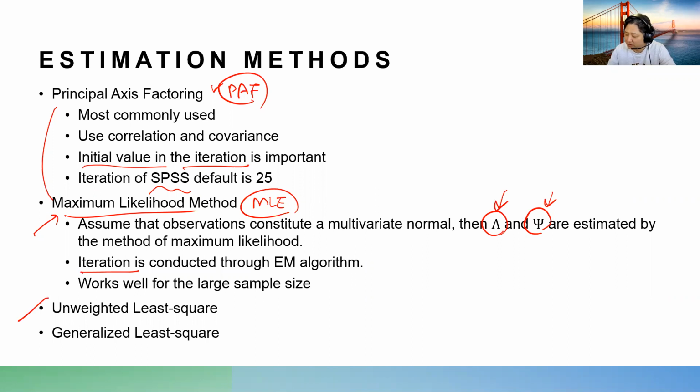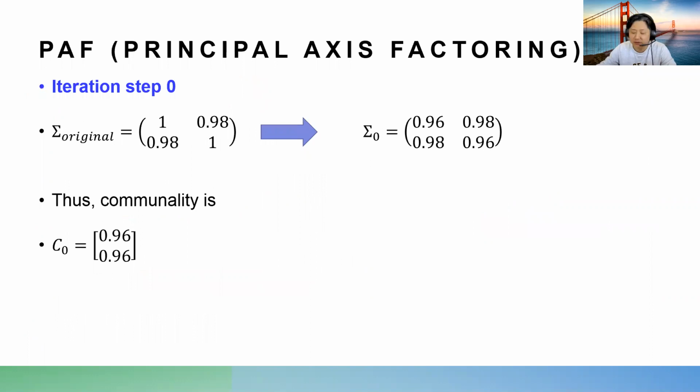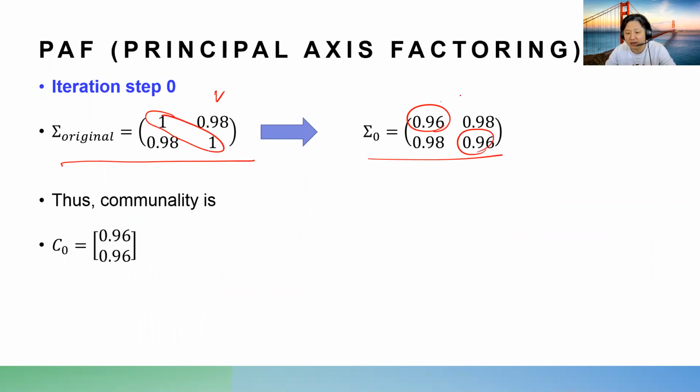Unweighted least squares, generalized least squares, and many other estimation methods are possible, but generally we use these two methods. So PAF: this is our original matrix, but we replaced our diagonal by communality.